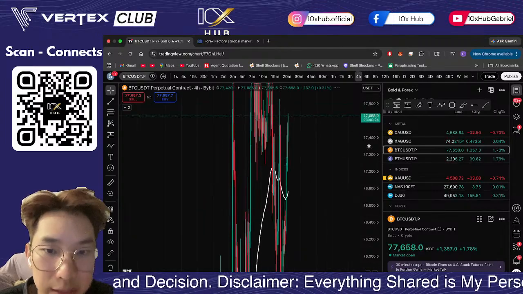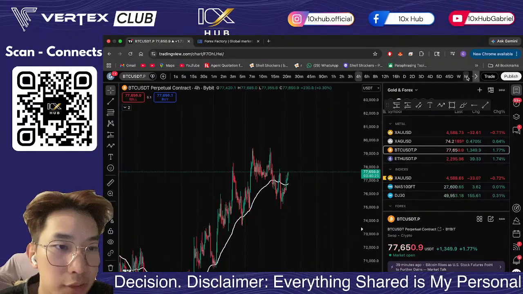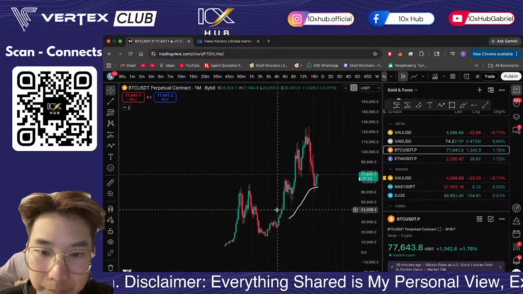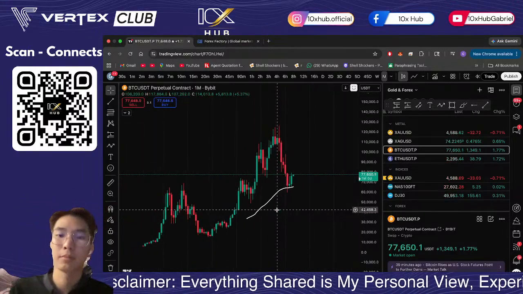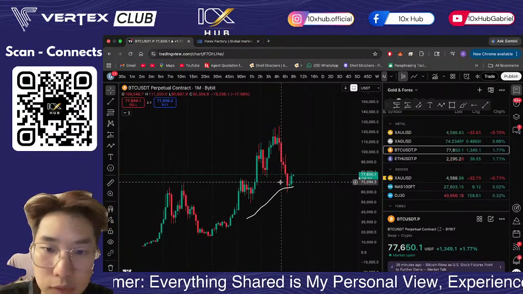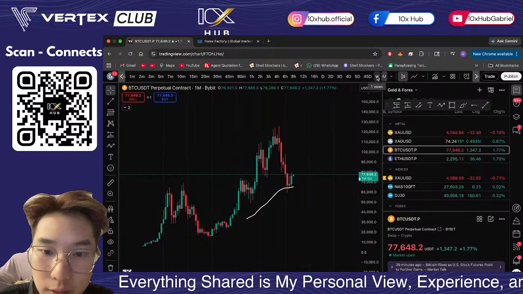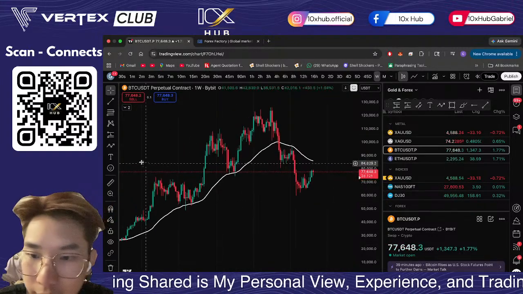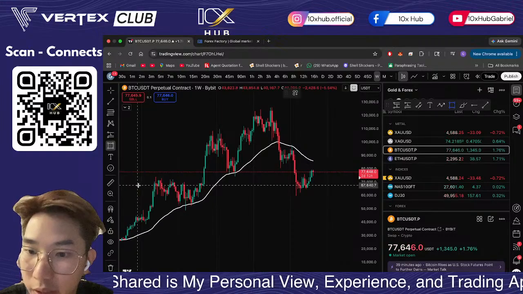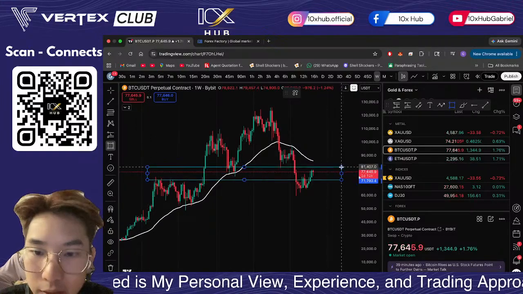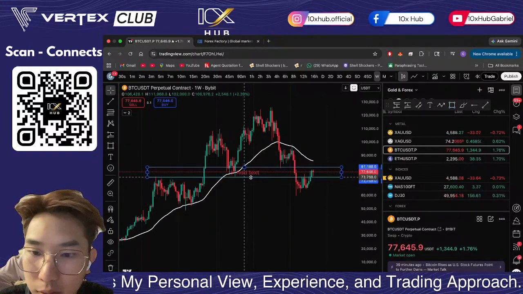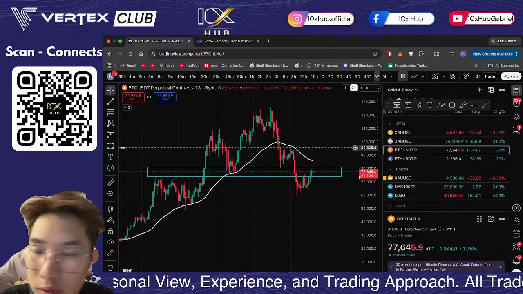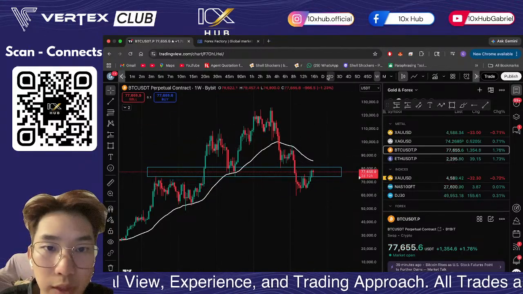Okay, so for BTC, first of all, we look at the monthly graph first. For the monthly graph, currently we are sitting in a very important price level, which is this resistance area in the weekly graph.